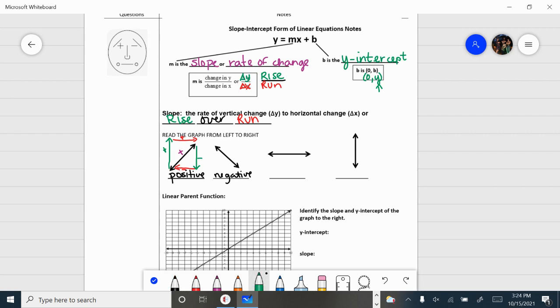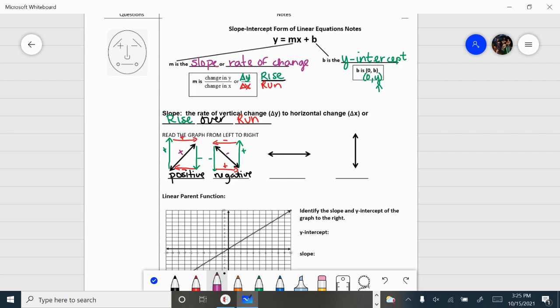Okay, again, starting with our y-intercept, we're going to go down in a negative direction and then go right in a positive direction. Or we can go up in a positive direction and go left in a negative direction. And that's going to give us our negative slope. Okay.